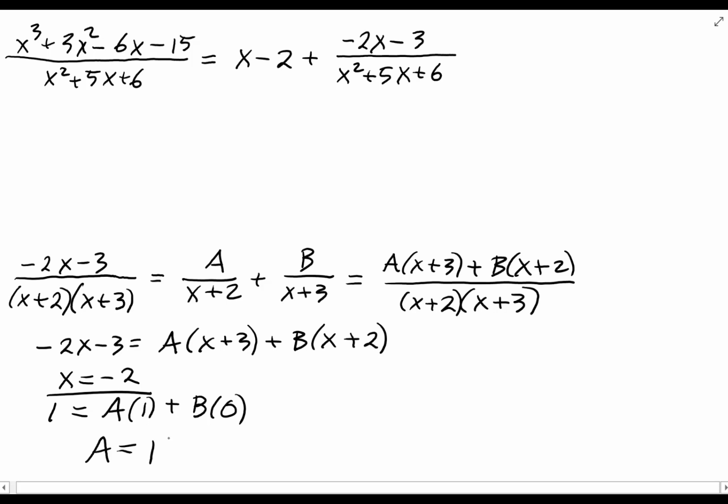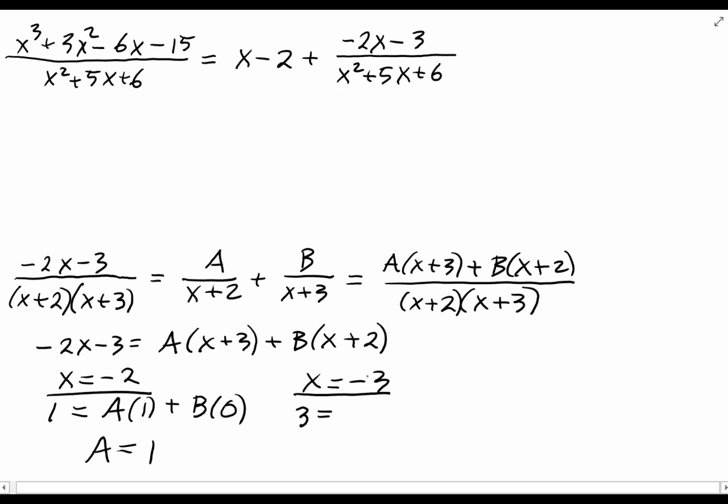Okay, let's plug in a negative 3 next. And when we plug the negative 3 into the negative 2x minus 3, I'm going to get positive 3.